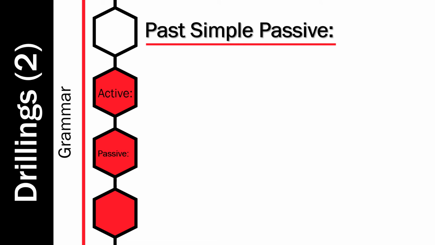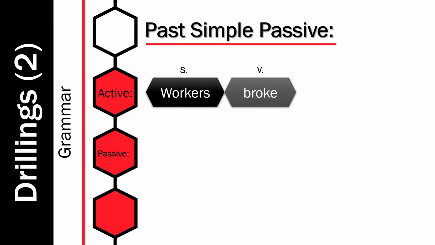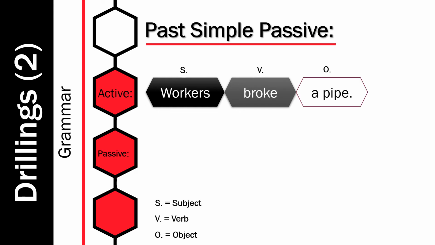Dear students, before we move to the next exercise, we have to talk about the past simple passive. So let's just remember together the rule. Now let's have a look at the following sentence. In the active voice, the sentence is workers as a subject, broke as a verb in the past, a pipe as an object.